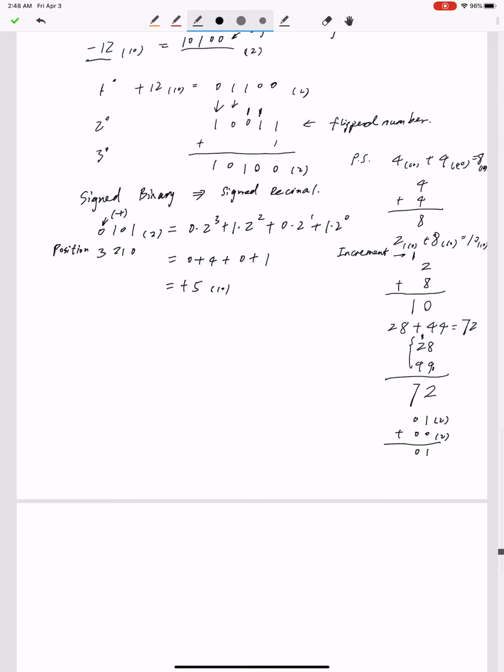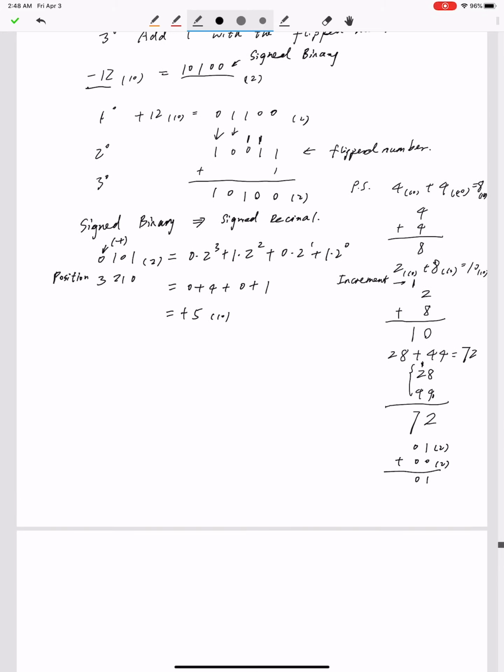Then how do we convert a negative binary number to a decimal representation? For another instance, let's convert -12, this signed binary number, back to the decimal representation. The signed binary representation of -12 is 10100.